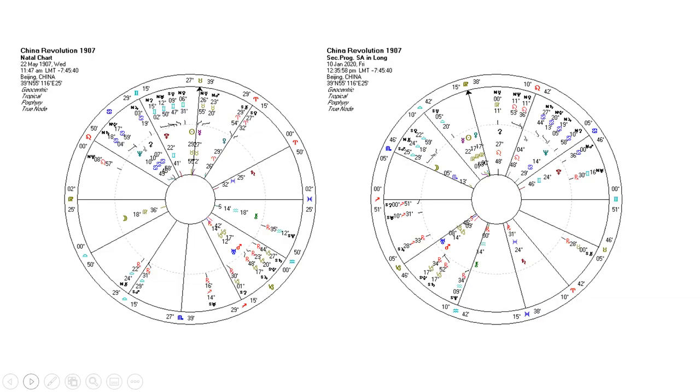The secondary progressed for the eclipse in January. And just wanted you to note that the progression here puts Venus, Sun, and Mercury in Virgo in the 10th house. And that is picking up trines to the north and south nodes of Pluto and Saturn in the second house.